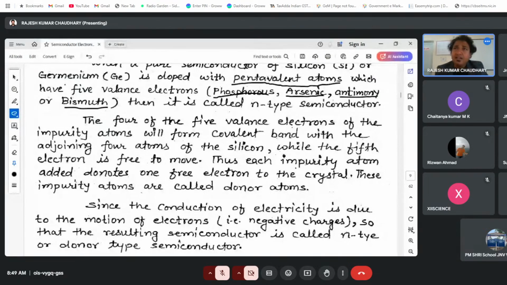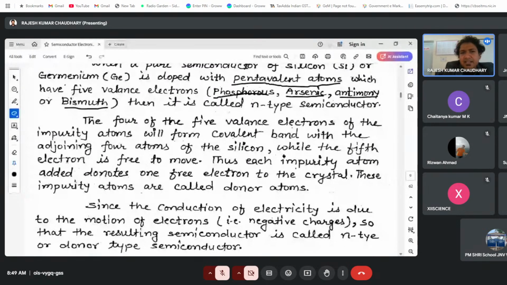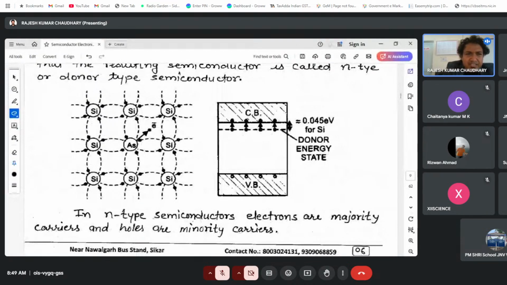Now when we go to the diagram, you can see this is your silicon, but after doping, your silicon atom is removed, and instead of that silicon atom, arsenic is put here. Yes or no? Because arsenic is pentavalent, it has 5 electrons in the outermost shell.